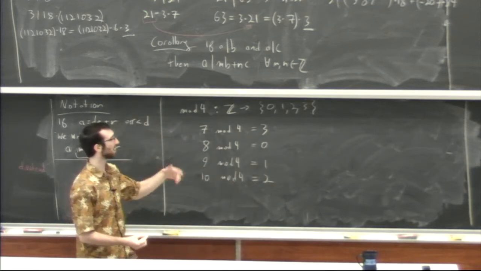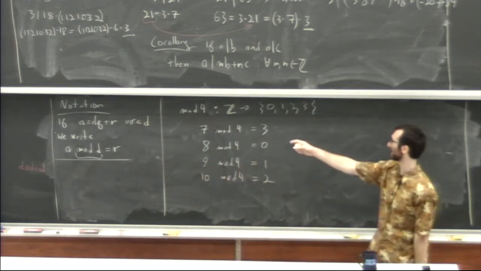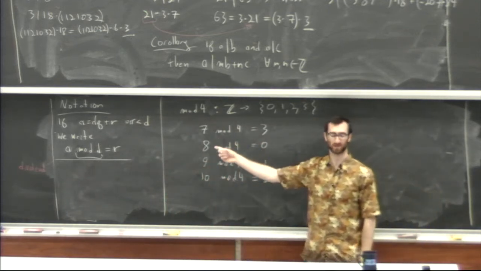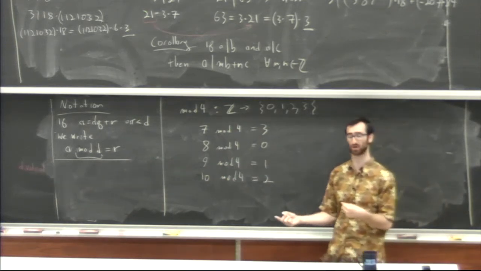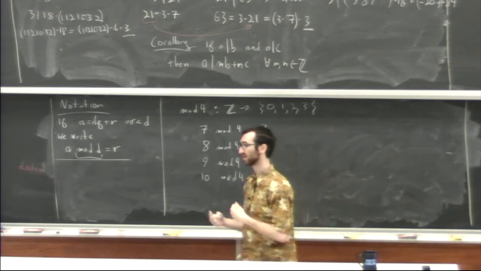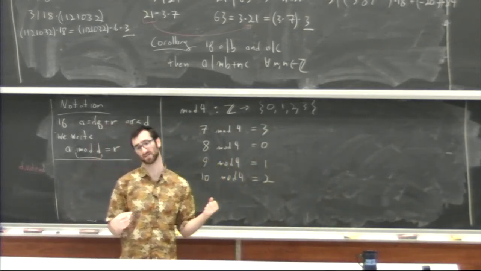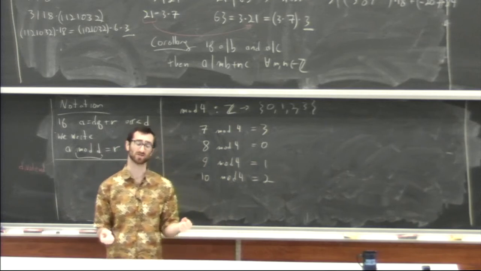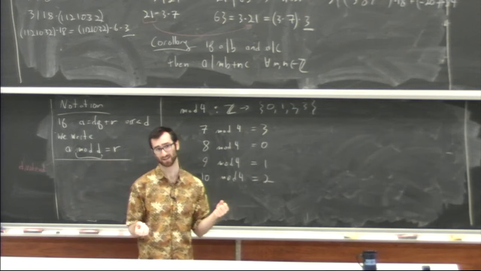So you can see now where the notion of a clock is coming in, right? If I had taken mod 12, then I'd be exactly describing the same problem that I was talking about at the beginning of this lecture, where you're asking, if it's 5 o'clock right now, in 80 hours, what time will it say on the clock? Really, what that's just asking is, what is 4 plus 80 mod 12?